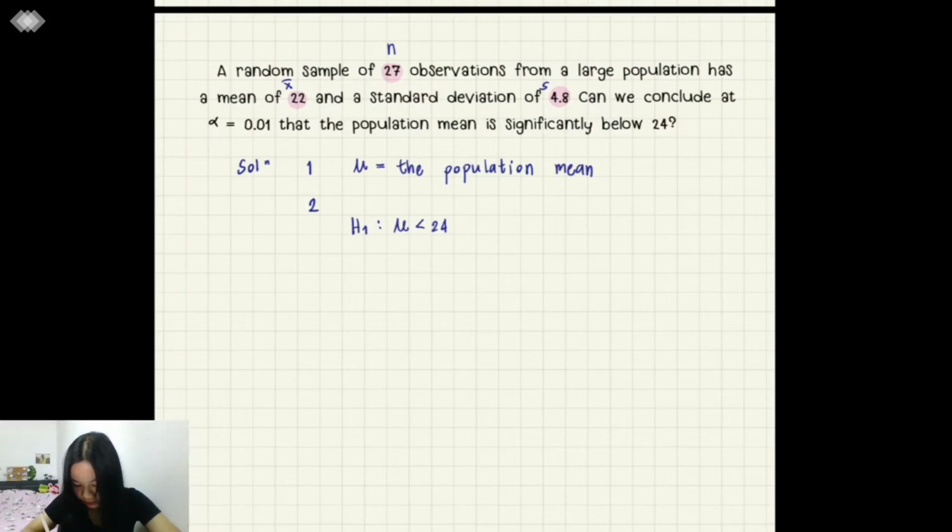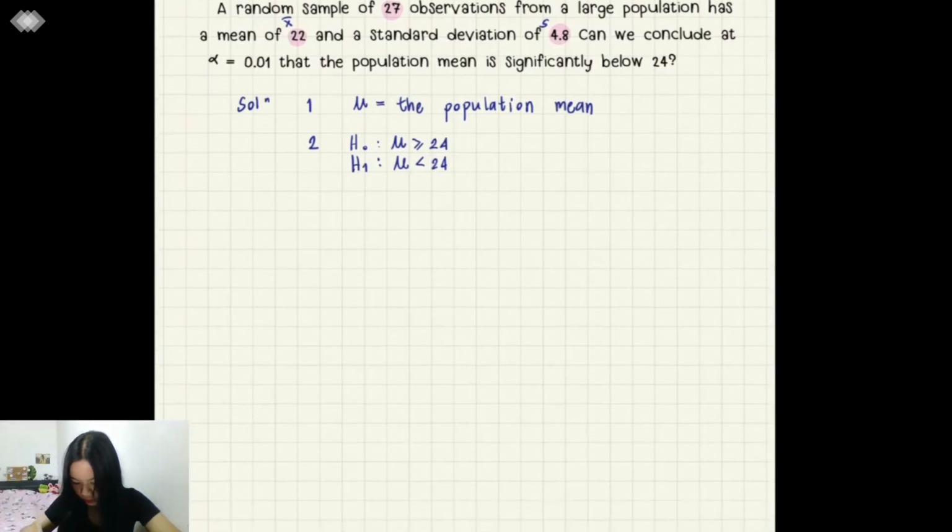The null hypothesis: the population mean is greater than or equal to 24. Step 3. Alpha equal 0.01.